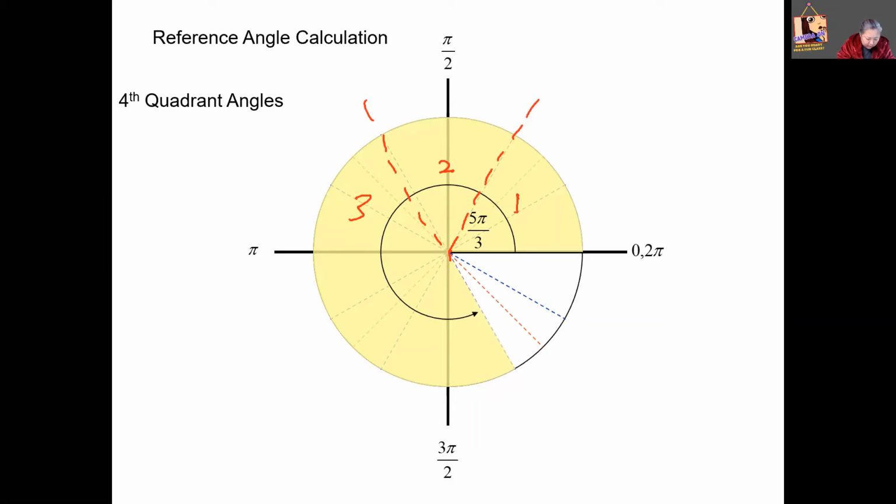Then here I have one more, so it's 4. Then I have one more, and that's 5. So that's how we got all the way down here, the original angle.